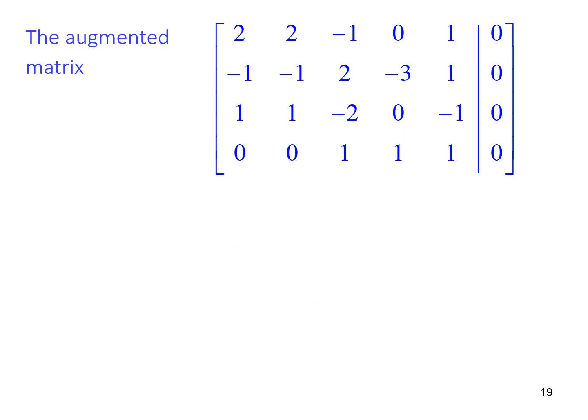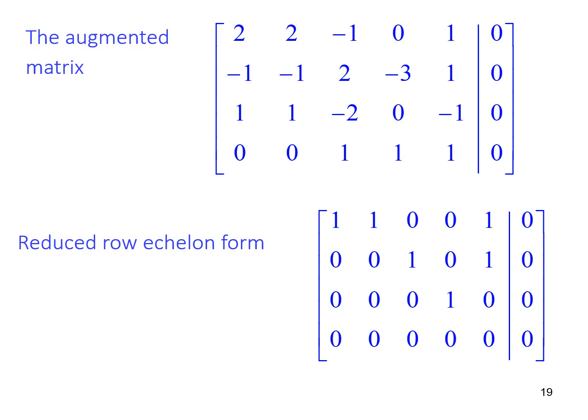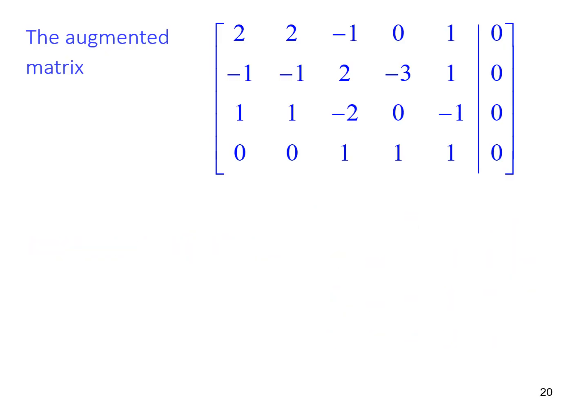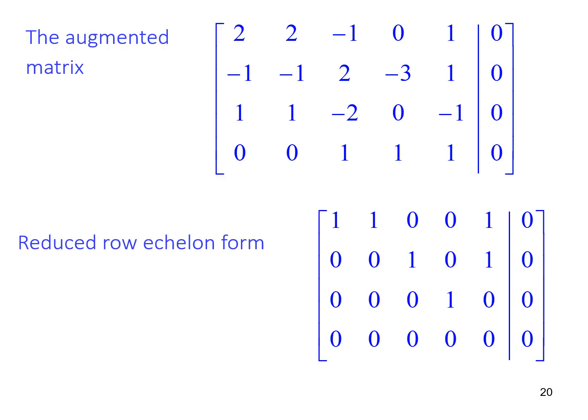By using Gauss-Jordan elimination, we first write the augmented matrix of the system, and then apply elementary row operations following the Gauss-Jordan elimination to get this reduced row echelon form.